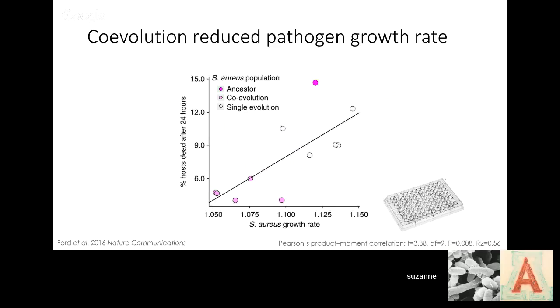So I wanted to double check that this was indeed adaptive. I competed the pathogen populations from the single evolution, the coevolution, and the ancestral population all against a common defensive symbiont to see how well they fare.